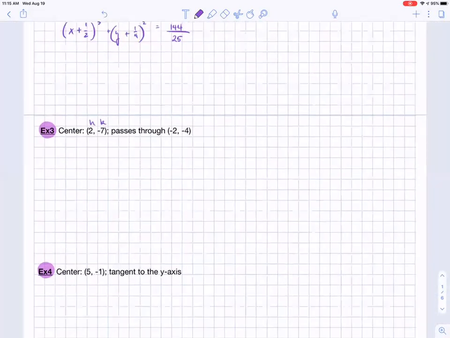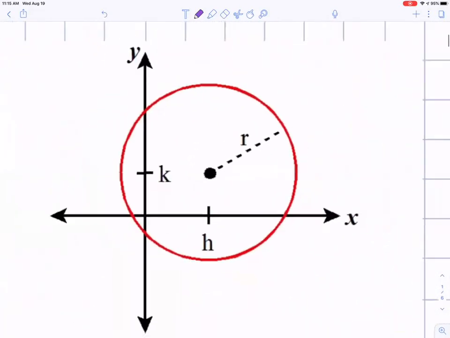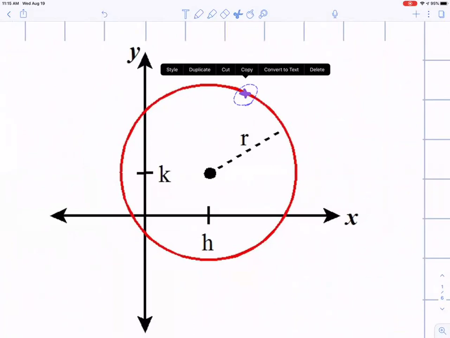Now, folks, let me just make sure that you understand this. If I put a point right here in my circle, the circle does not pass through the point I just drew. That point is inside the circle, but it is not part of the circle. So when it says that the circle passes through a point, that literally means that point has to be on, in, out, right?